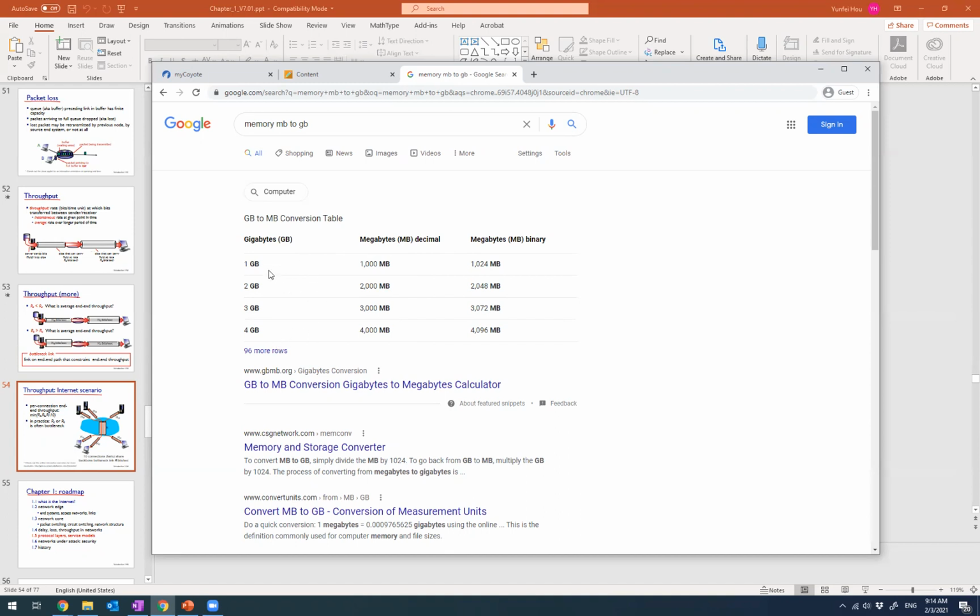So you can compare that. If you consider 1024 as 1000 or 1K, then this 1 gigabyte doesn't have much of a difference. But as you can see, as the number increases, the difference becomes more and more significant. So when you have 1 terabyte, the difference between the decimal representation and the binary representation is significant.